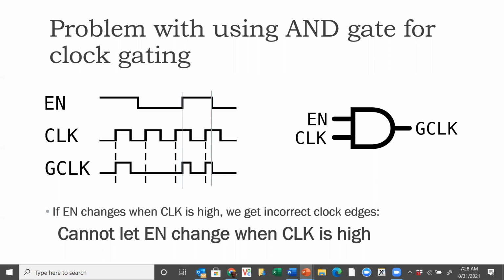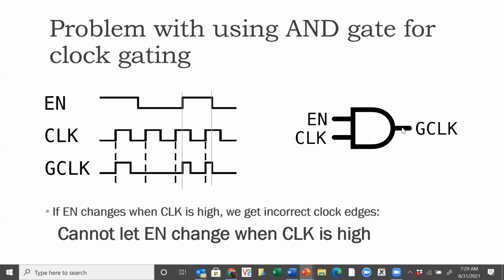So let's say that enable signal happens to change state when the clock is high. So what you see here is there are 4 clock pulses. The enable initially goes from high to low when the clock is low. Okay, so it's going high to low when the clock is low, and then the enable remains low, and then it changes from low to high when the clock is high, and again goes high to low when the clock is high.